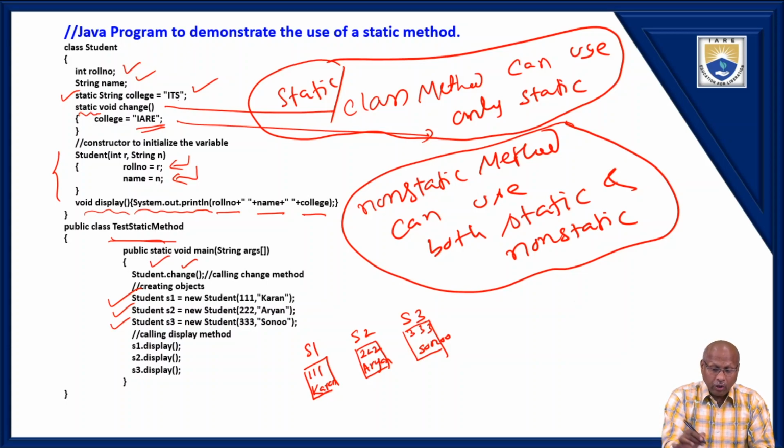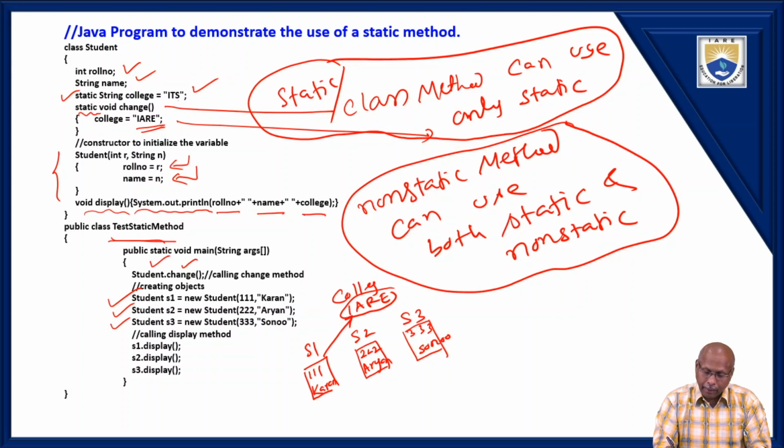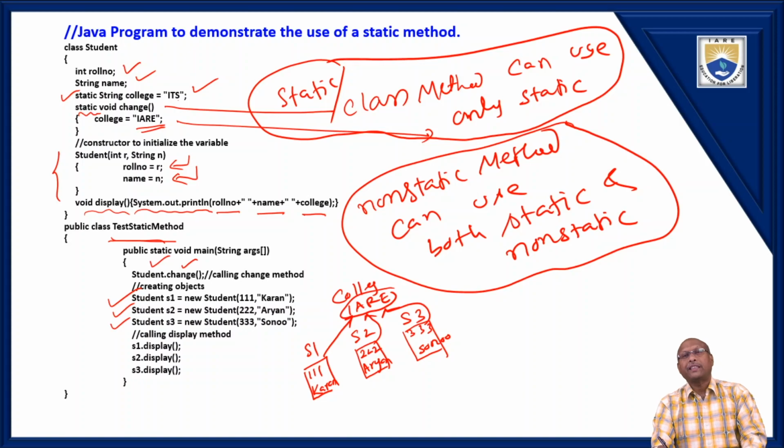Whereas the college, which is a class variable, earlier it was ITS, now as you have called through change, it becomes IARE. This IARE is referred to by S1, by S2, and by S3 because it is a common property for all objects.